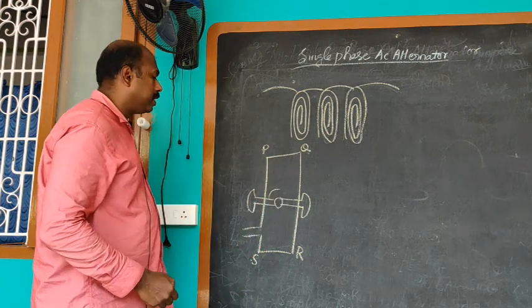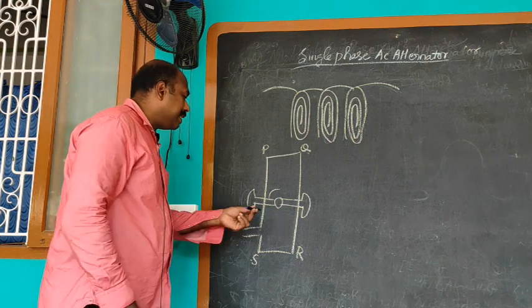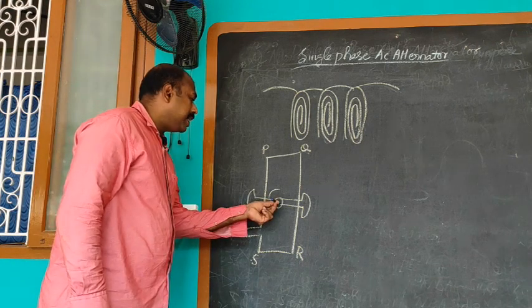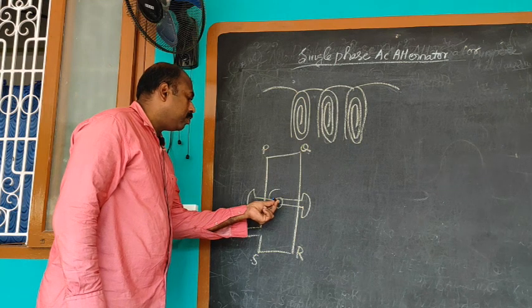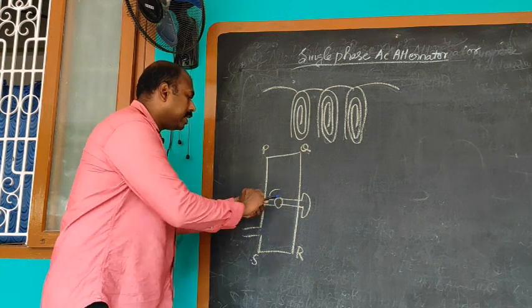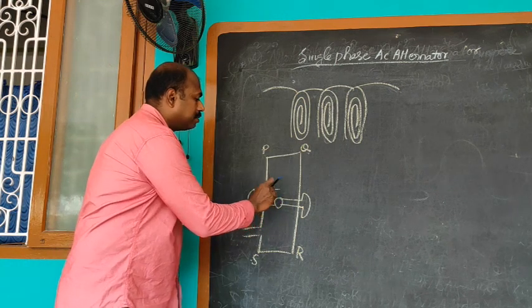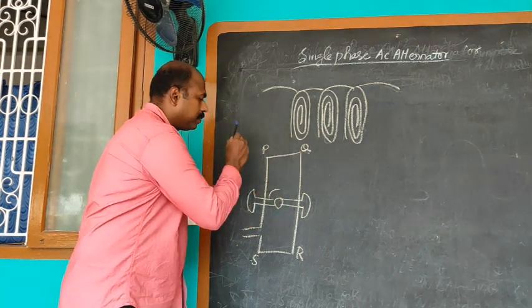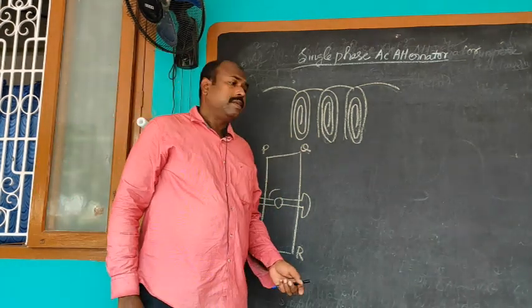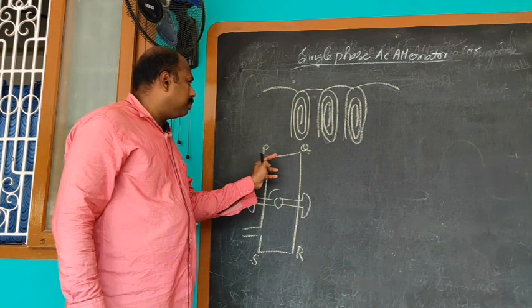It is made to rotate on an axis perpendicular to the plane of the board. So the field magnet will rotate like this. Then take this PQRS as the armature coil.